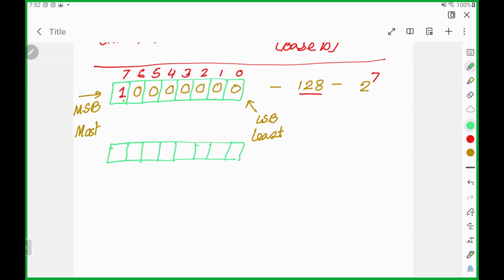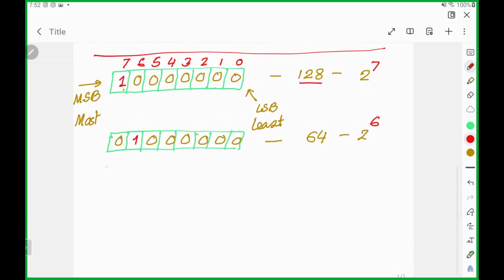So the 6th bit is 1 and the rest of them are 0. Then this number can be represented as 64, and that can be found as 2 to the power 6.